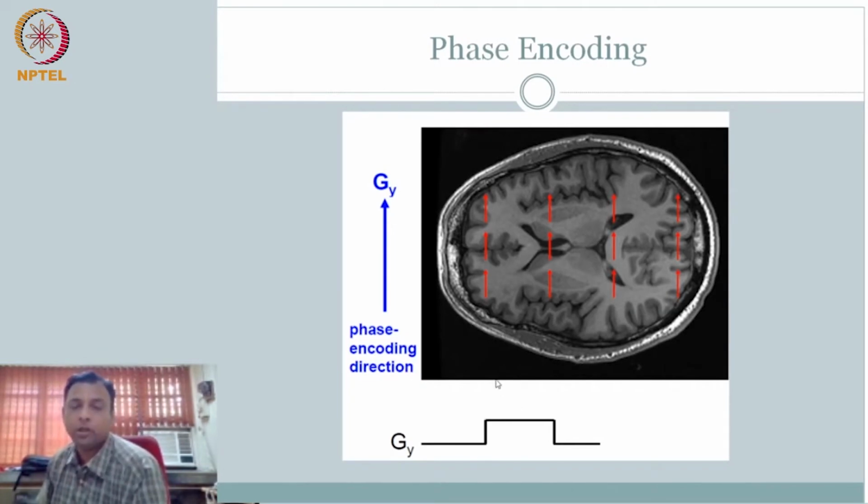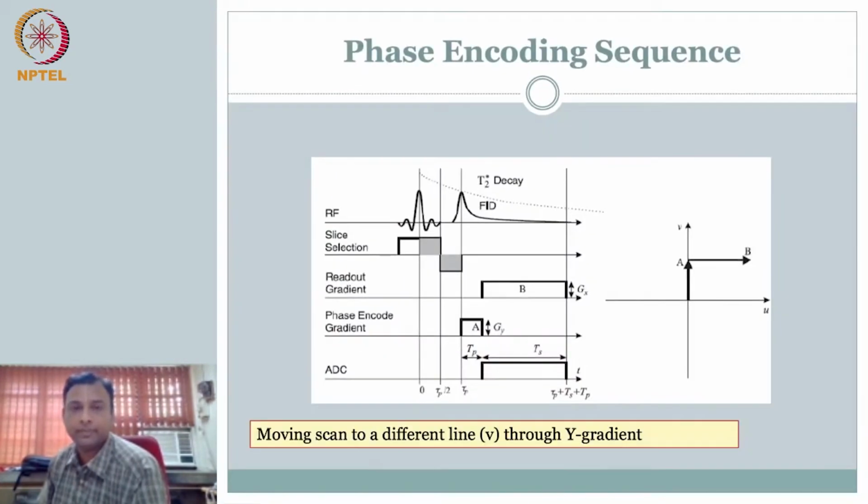More importantly, we want to put everything in terms of the sequence, right? So no issues here. I did RF, I do slice selection, that is your Z gradient, refocusing, I get my signal. But notice I am not recording the signal yet.